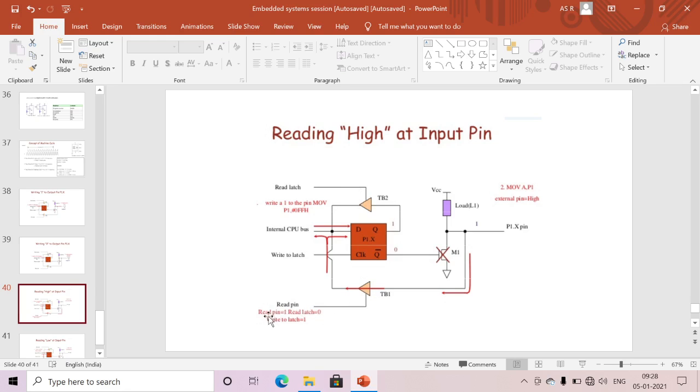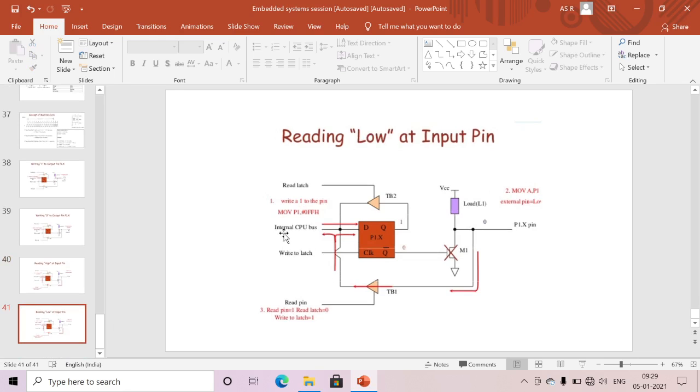Here the read pin is 1, which means whatever the input voltage is will be fed back to the output. Similarly, the read pin is 1 means whatever the input voltage is will be coming to the CPU. This is the way we can read the data from the external device. Similarly, we will discuss how to write. Writing from the bus, I am writing the value 1, so I will get 1. The complement is 0, so my switch is open. Next, whatever the input voltage is will be coming here, as the read pin is 1.